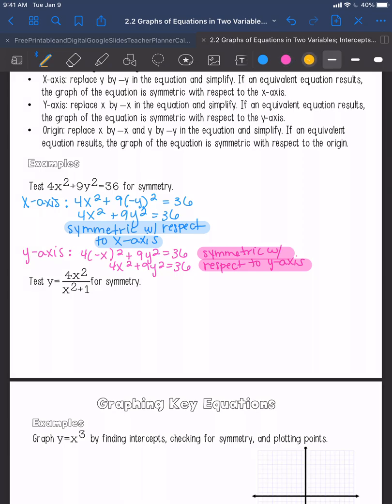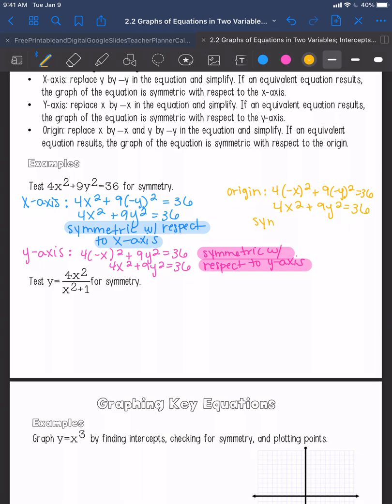And then last here we have with respect to the origin, and to figure that out we're going to plug in opposite of x and opposite of y. So 4 times negative x quantity squared plus 9 times negative y quantity squared equals 36. That becomes 4x squared plus 9y squared equals 36, which matches the original.